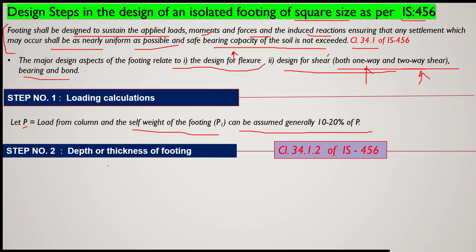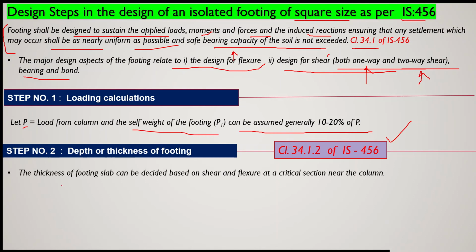Step number 2 is the depth of the footing. That means what should be the guideline for the assumption of thickness or depth of the footing. We can refer to clause number 34.1.2 of IS 456.